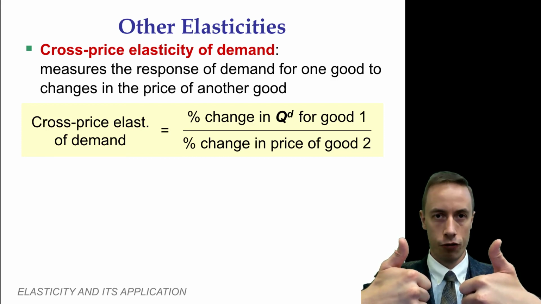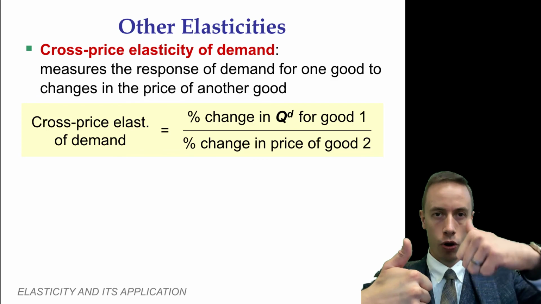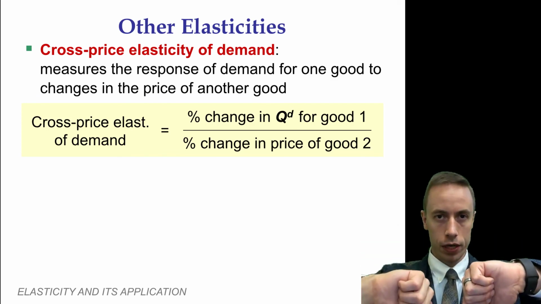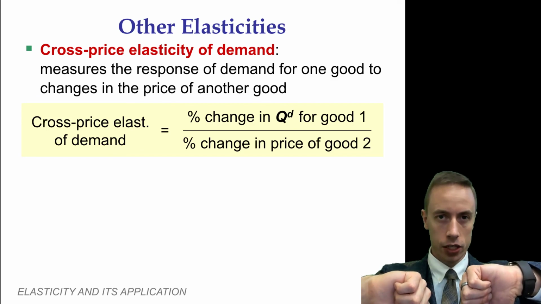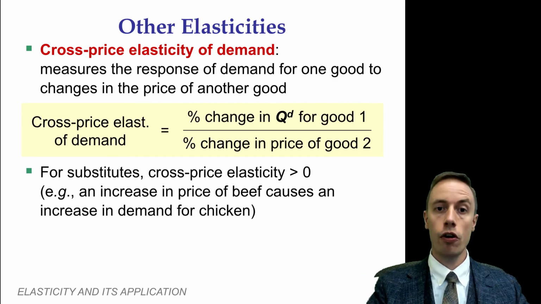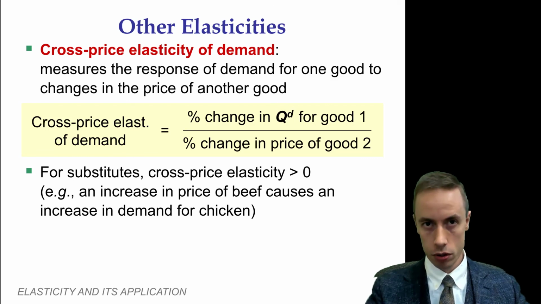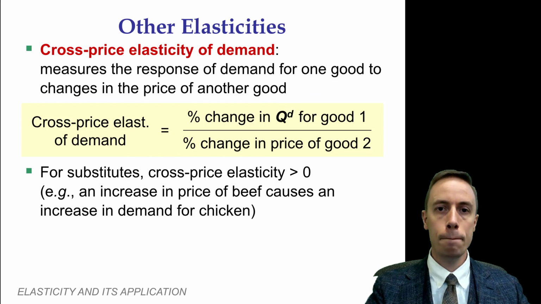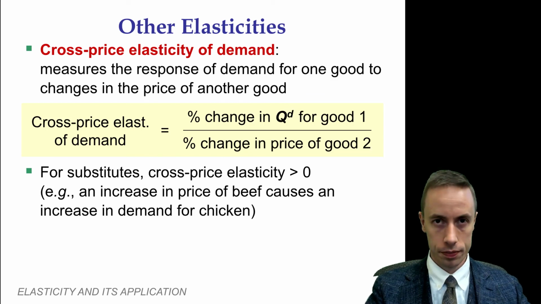So a positive overall fraction. Or if gas gets cheaper, people buy fewer electric vehicles. Negative and negative, still a positive value for the fraction. For substitutes, the cross-price elasticity of demand will be a positive number.